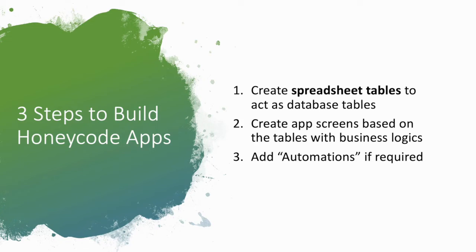So it's just a matter of dragging and dropping UI components and attaching handler formulas. And finally, if you want to add automations to automate your manual tasks like user notification and so on, you can use Honeycode automations. So this knowledge itself is enough to get started with Amazon Honeycode, because you will understand when you start building apps with Honeycode, these implementation steps are very self-explanatory.